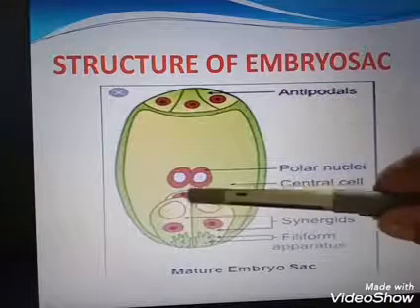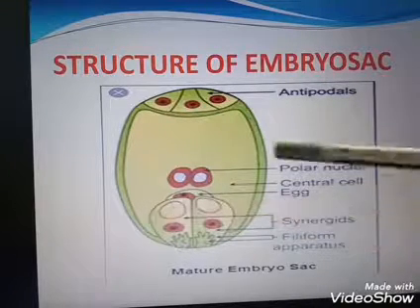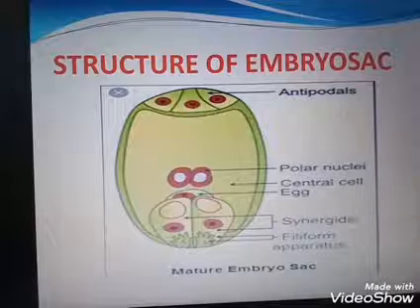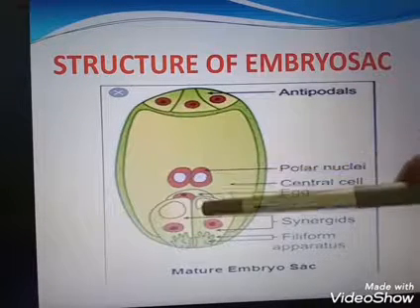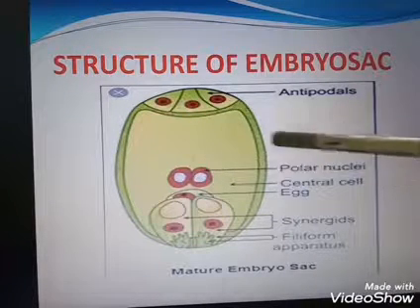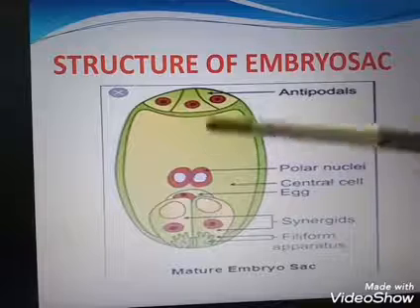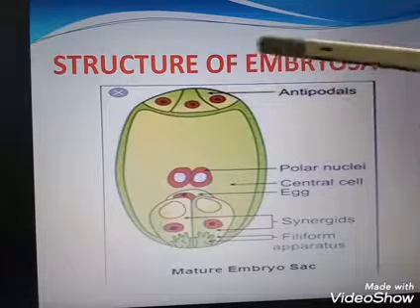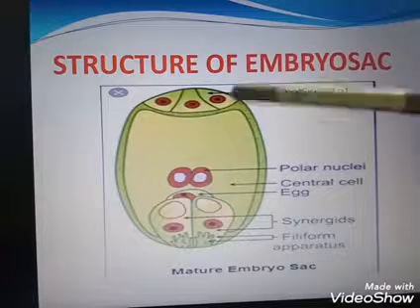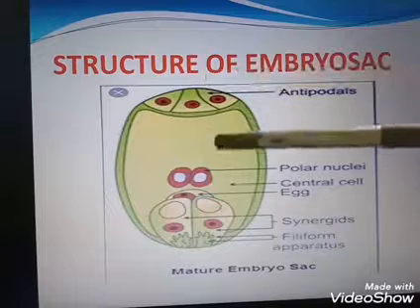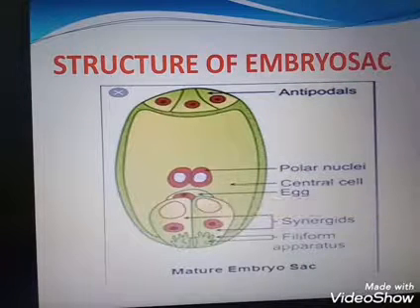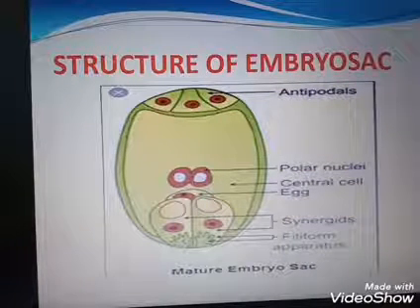The egg cell is protected by synergids. In the center we can see two polar nuclei, and at the chalazal end we can see antipodal cells. So the number of cells here is 3, here 2 and here 3. The total number of cells is 8.